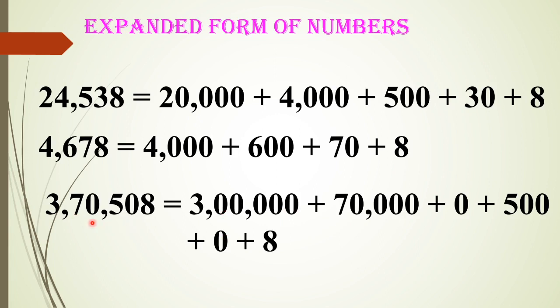The place value of 0 is 0. So you have to add just 0 here. Now the place value of 5 is 500 plus 0, and the last one is 8. So very simple, you just go on adding the place values of the digits in the given numbers. Okay, this is very simple. Now let's move on to the next slide.